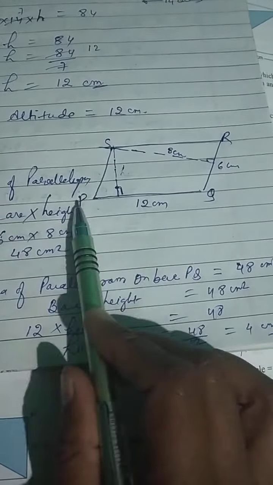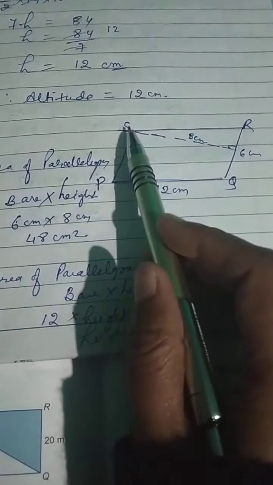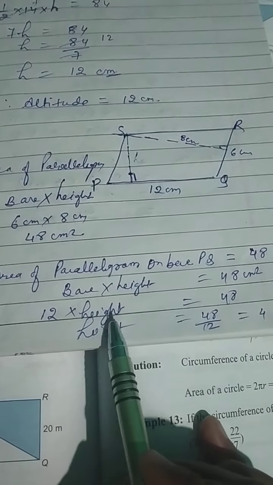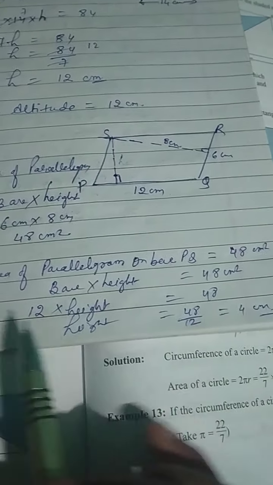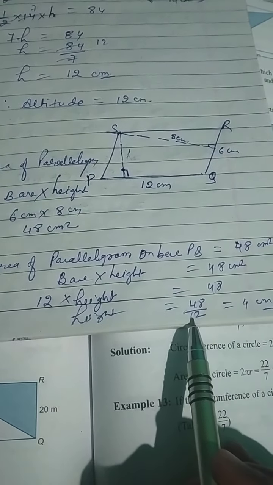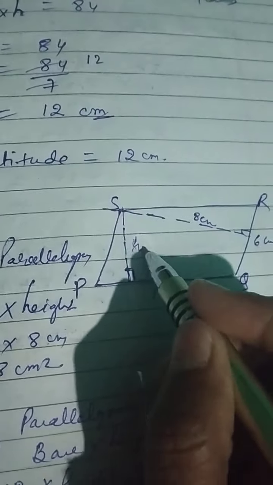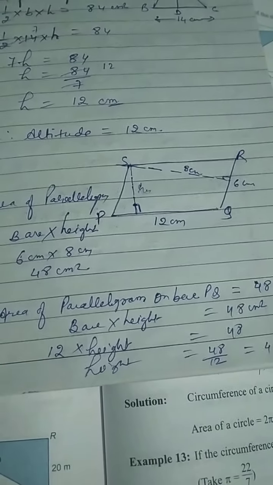We are going to take this base PQ, so base is 12. Height we need to find out, so we write height here, and the area 48 which we have taken out. Now height is 48 divided by 12. 12 fours are 48. 4 centimeter will be the height of this side.